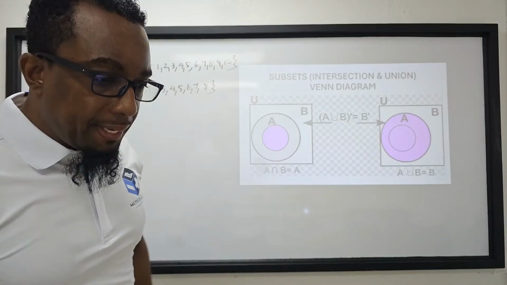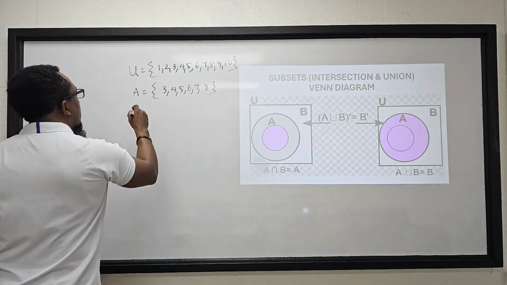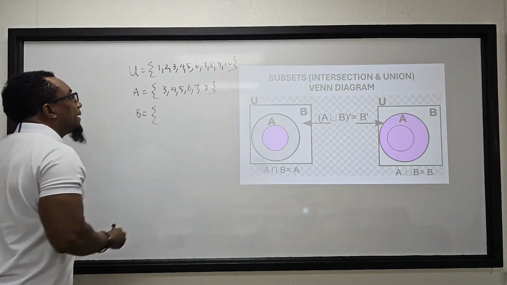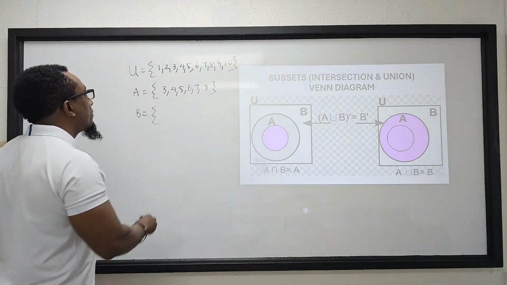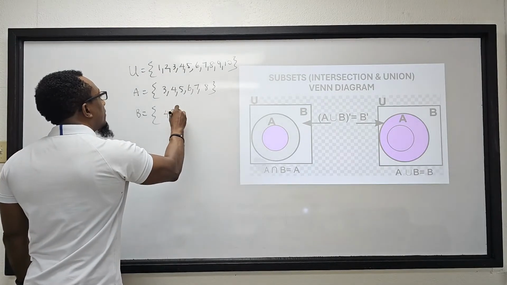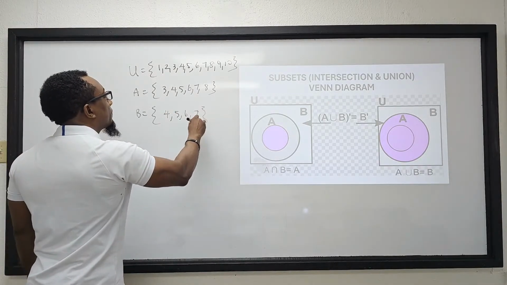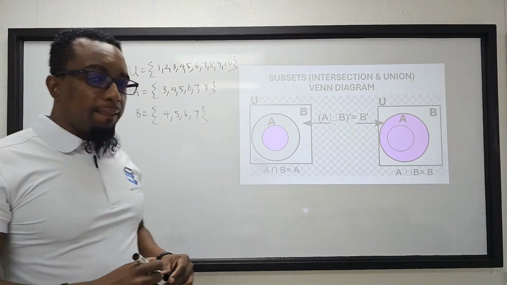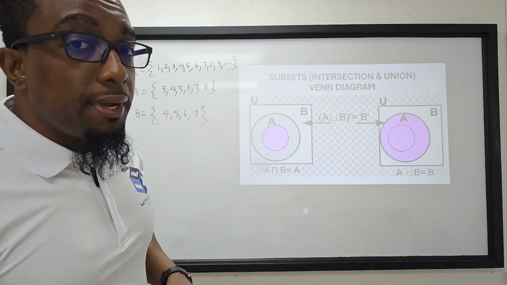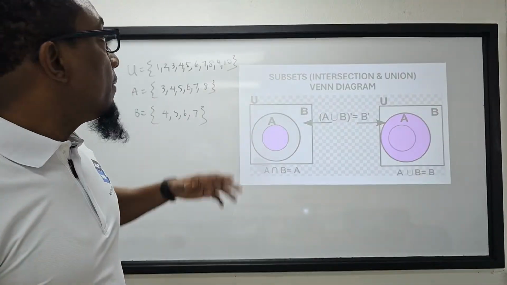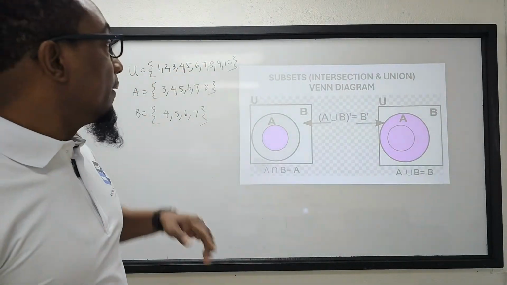And I have a set B, whose elements are, say, 4, 5, 6, 7. Okay? And they ask us to draw a Venn diagram to represent the information given.